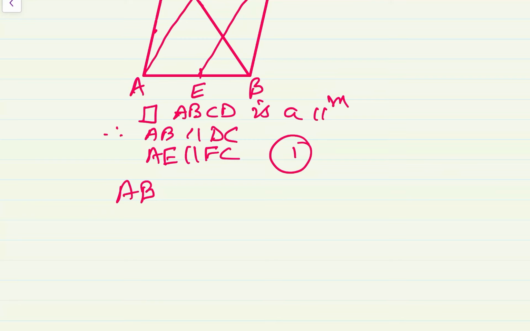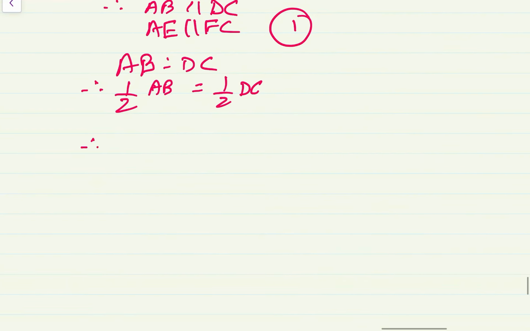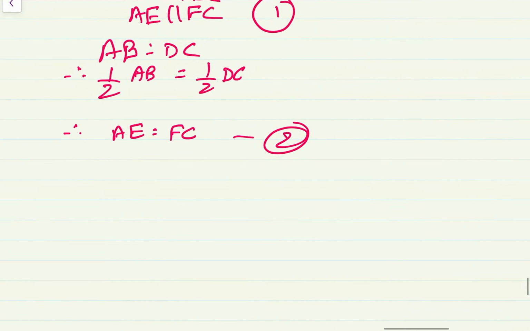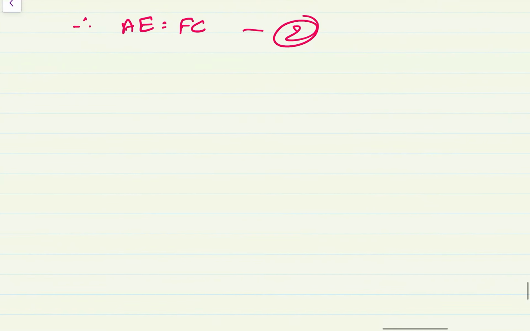And AB is equal to DC. Therefore, half AB is also equal to half DC. Therefore, AE is equal to FC. That is your result 2 and this is your result 1. From results 1 and 2 you can say AE is parallel to FC and AE is equal to FC.